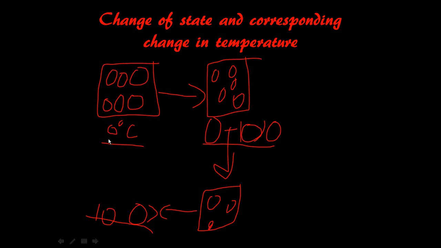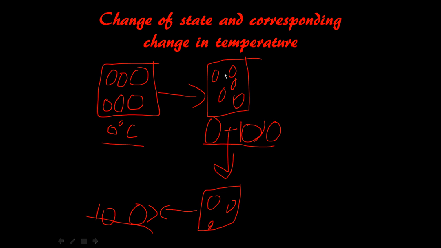Now since I told you that particles in solid state have least energy, those in liquid state have a little higher energy, and gaseous particles have very high energy. So what happens is, when you heat ice, the heat energy goes into these particles and they acquire higher energies. So when you heat ice, it gets converted into liquid because the particles have acquired greater energy due to the heat that you provided.